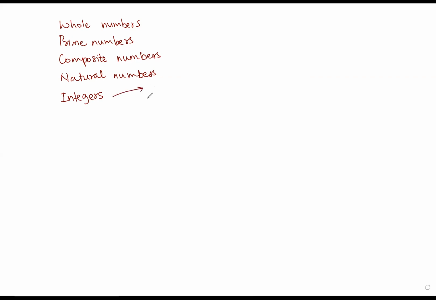Can you give me some examples of integers? Integers are positive numbers and negative numbers. Okay. And zero is not a negative integer nor a positive integer. Okay. All right.